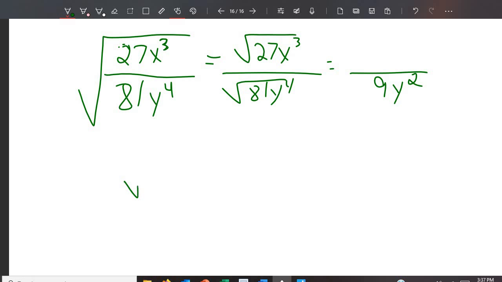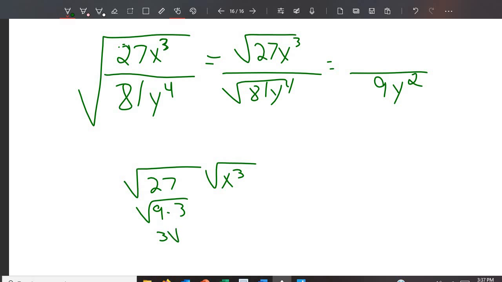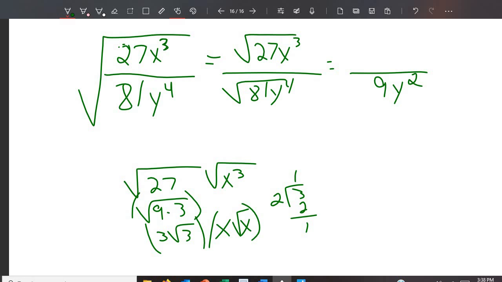For the 27, let's come over here. Let's break it apart. We can rewrite 27 as 9 times 3. Square root of 9 is 3. Square root of 3. Now this one, I can divide the exponent by the index. It doesn't go evenly, but we've already done this one earlier. We'll have 1x on the outside and 1x left underneath.